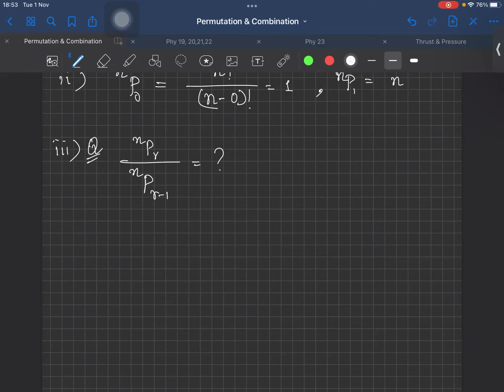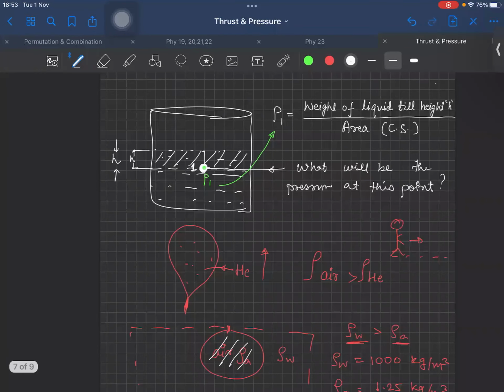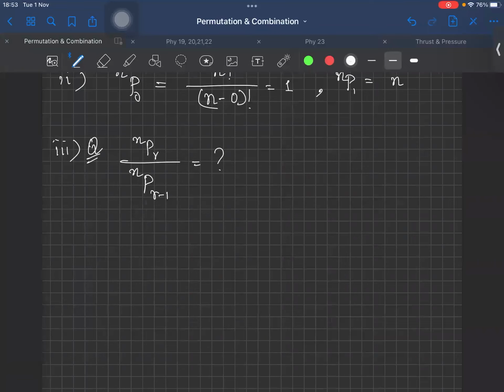Please, anyone tell me. n minus r plus 1. Yeah, is this Nidhi? Yes, sir. What is the answer? n minus r plus 1.